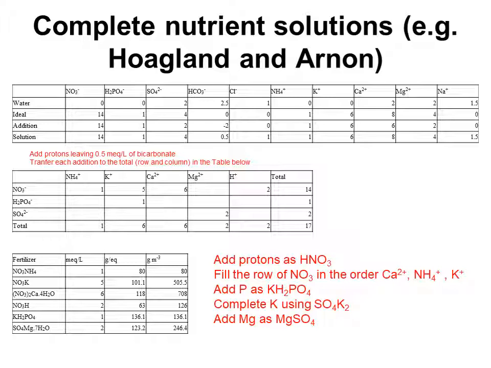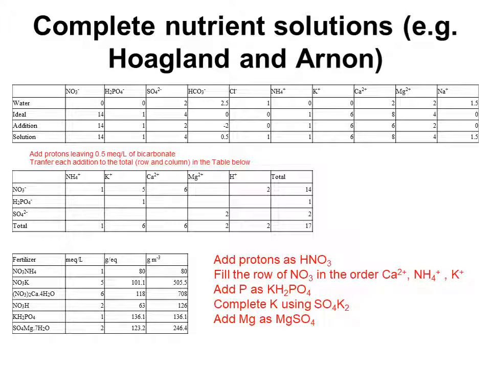We go here and we write 2. We have here 2 and 2. They are the same, so we write here 2. So these cells define the concentrations of these compounds: ammonium nitrate 1, potassium nitrate 5, calcium nitrate 6, and so on. So this table is already telling us what are the concentrations of the different compounds.